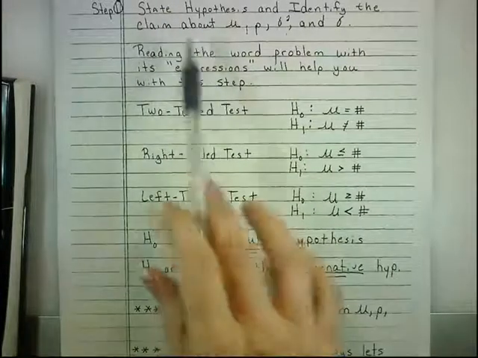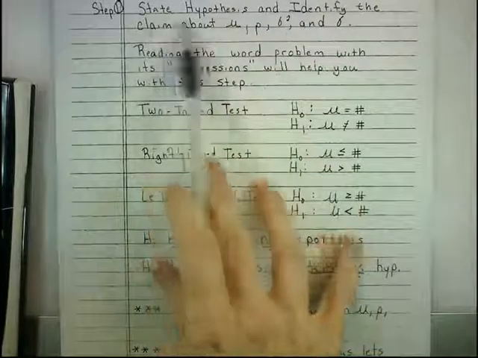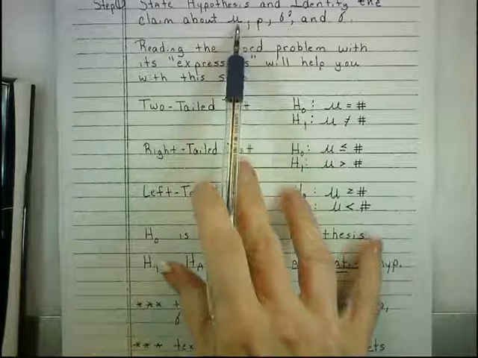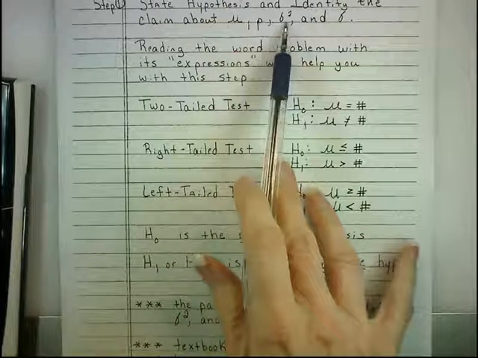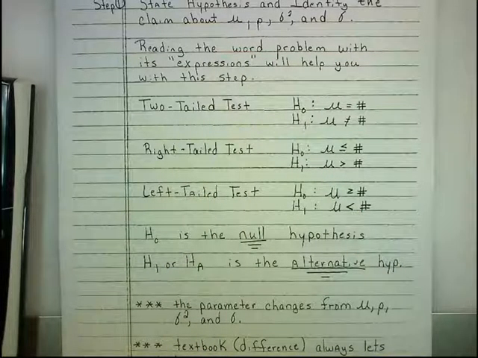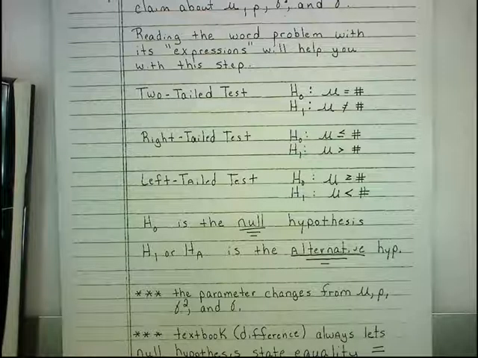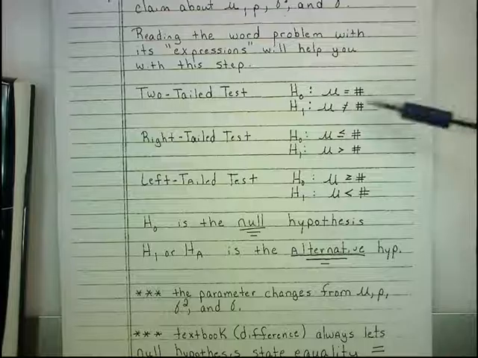The first step of the traditional method is to state the hypotheses and identify the claim. And the claim is either going to be about the true mean, true proportion, true variance, or true standard deviation. Reading the word problem with its expressions and then the chart of expressions that I gave you will help you with the setup. Again, if you can pick out the claim and the phrase, you can go from the phrase to the symbol.